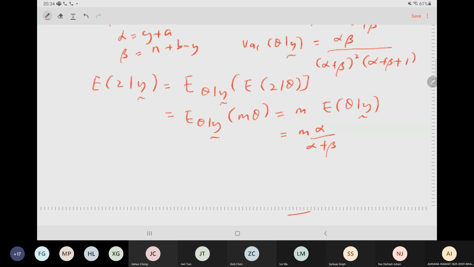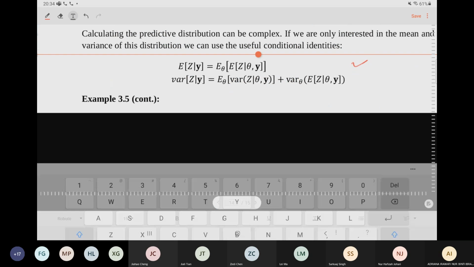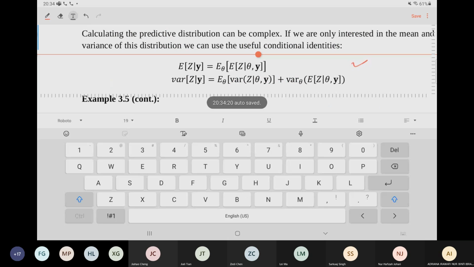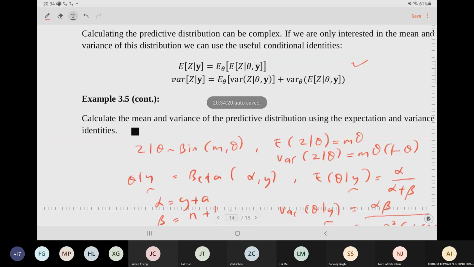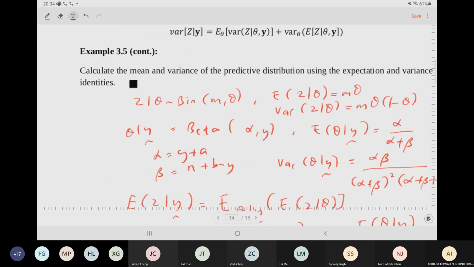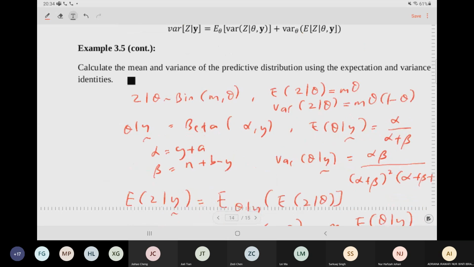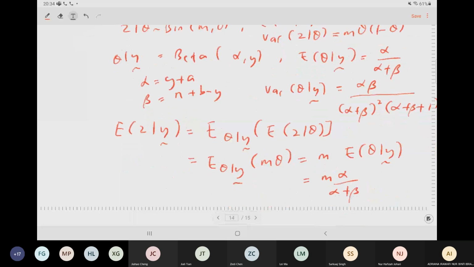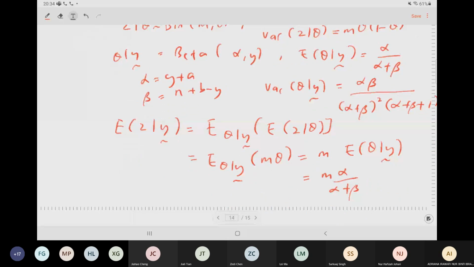Okay, so here, when I want to find the mean, what happens? Okay, to find the predictive mean, that is given y, we have to find the expectation of z given theta, but based on the posterior of theta given y. Okay, so the expectation of z given theta is m theta.